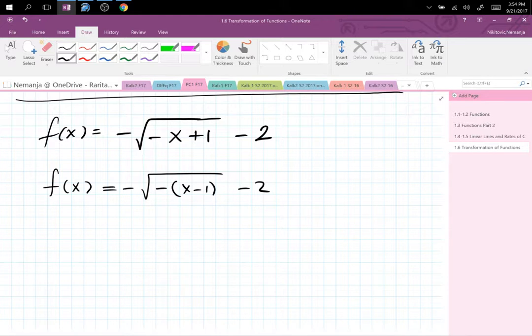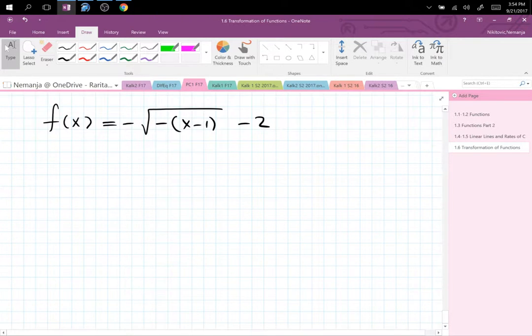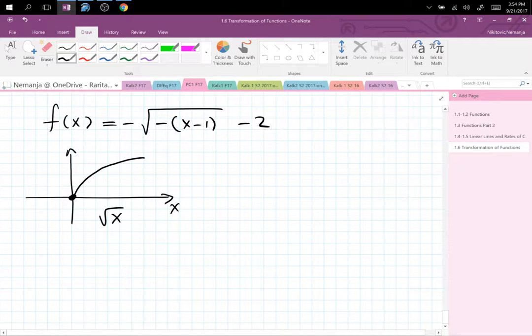All right, let's take a look at this problem together. We start with the default case and we draw square root of x. That is the default function. Starts at the origin, 0, 0, x, y axis, and we're done. What follows are two reflections.